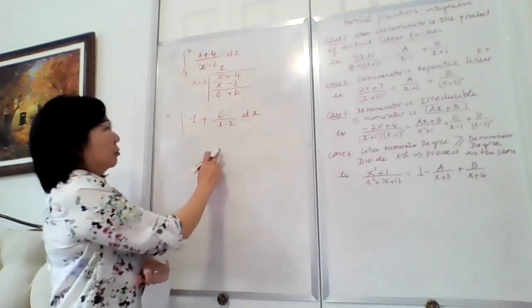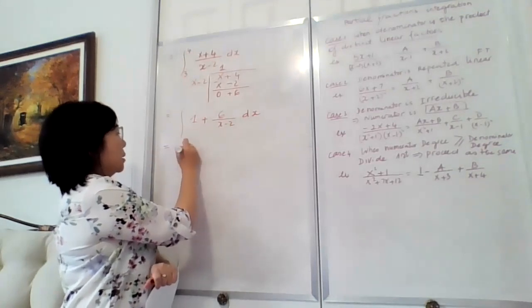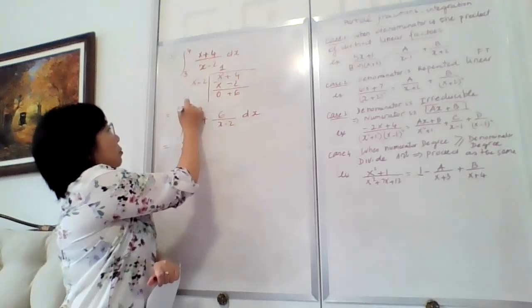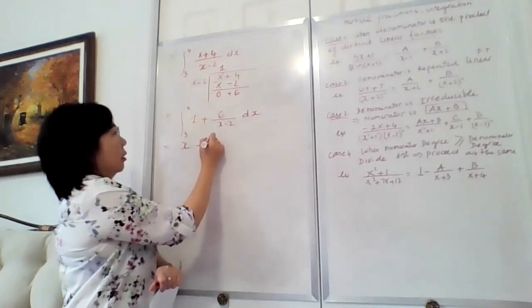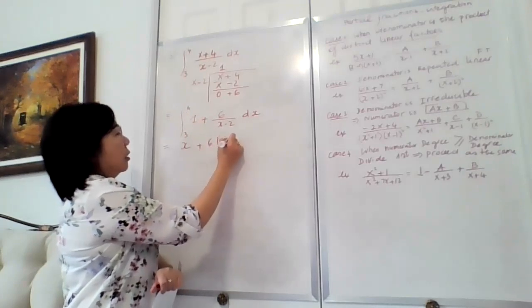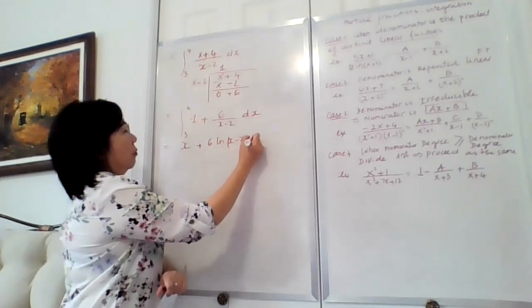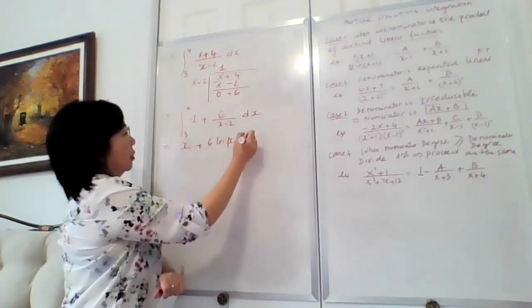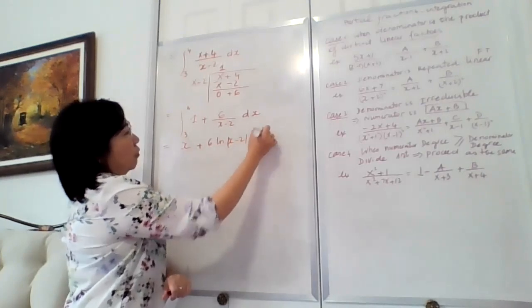So now, easy, we can say this will be equal to x, the antiderivative of that. And don't forget, still 3 to 4. So x plus 6 ln of x minus 2. And this expression, we're going to evaluate from 3 to 4.